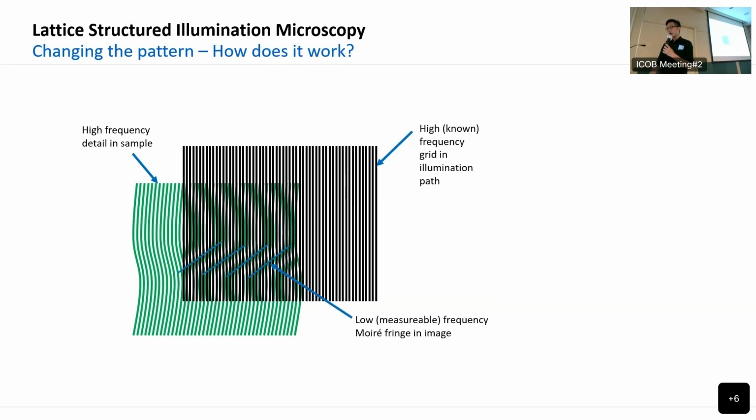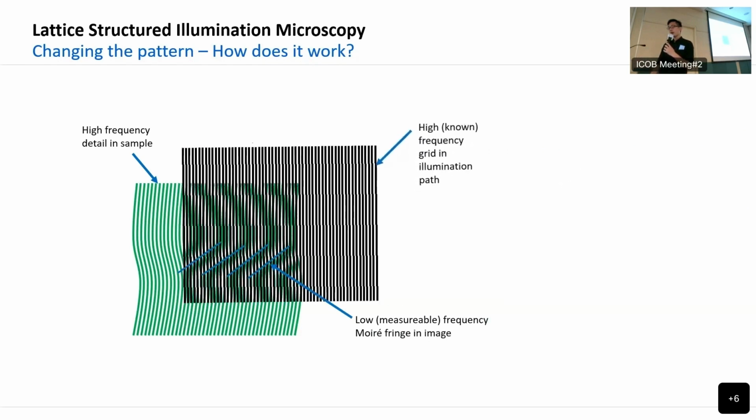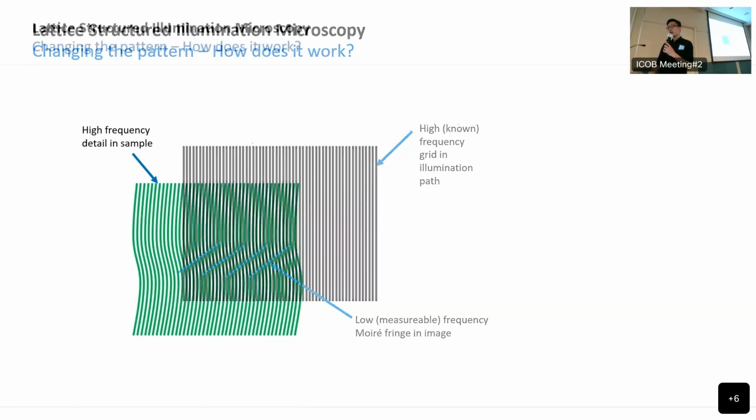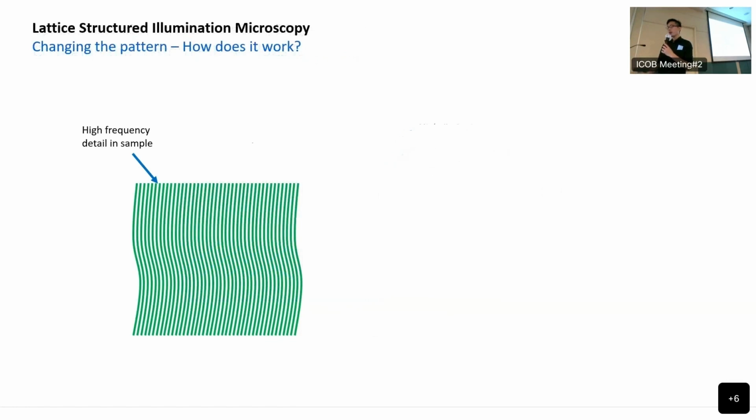We also know the frequency provided by the grid here. The green one is our sample, and we can recalculate the frequency of our sample based on the grid and also the image frequency.